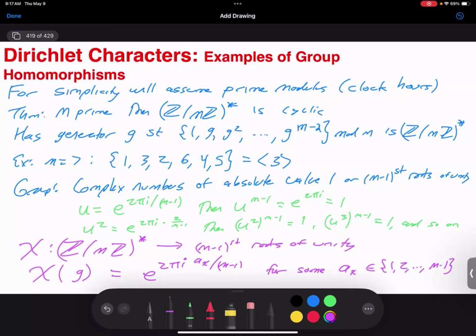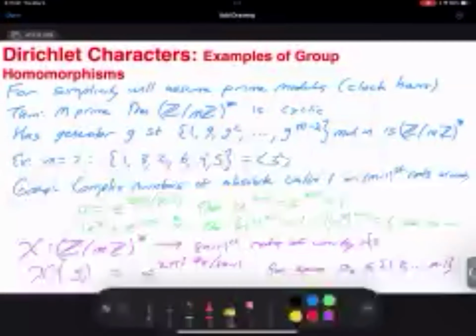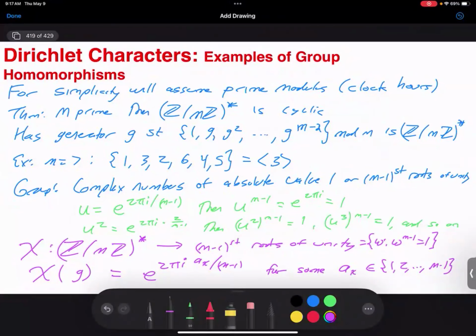So it's a nice exercise: all w such that w to the M minus 1 equals 1. Just prove that that's a group. Are we comfortable that that's a group? And then this is a group. We've played with this a lot. So we have a map between groups. And I claim that this is going to be a group homomorphism.